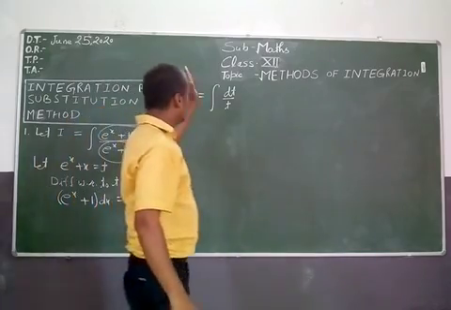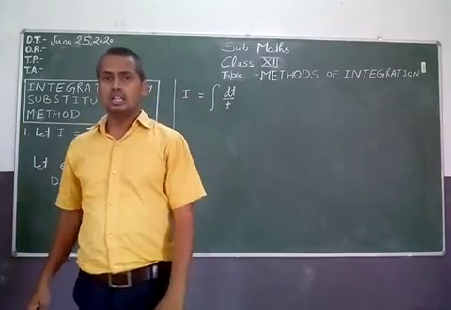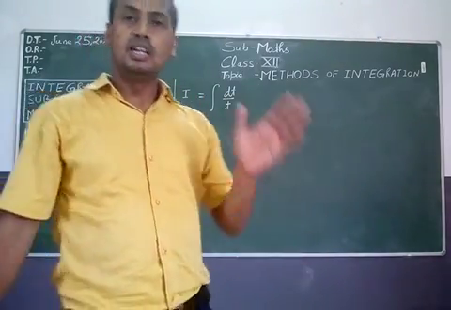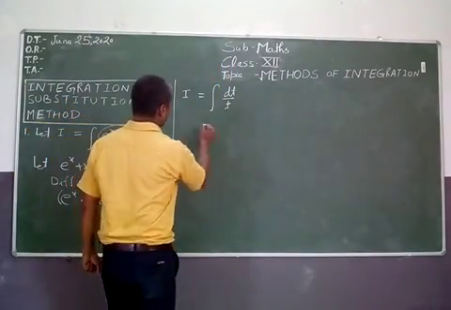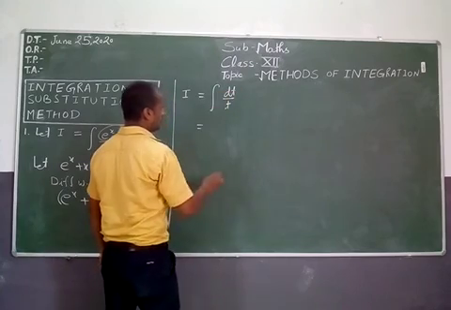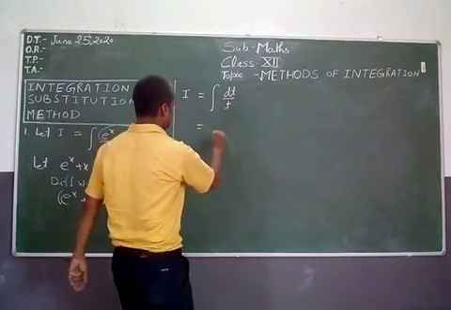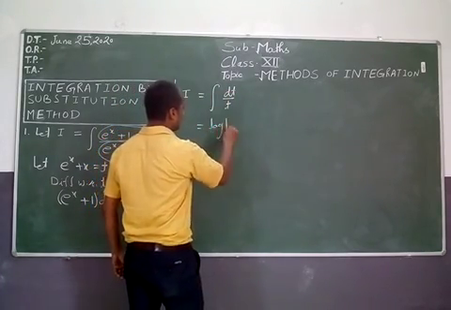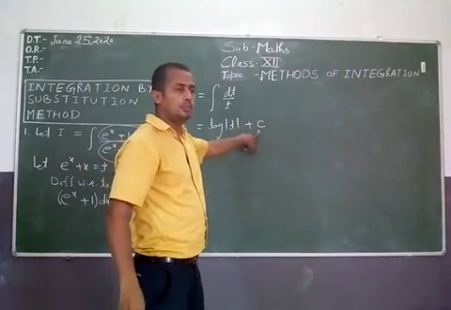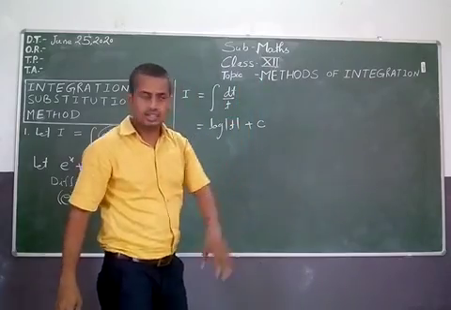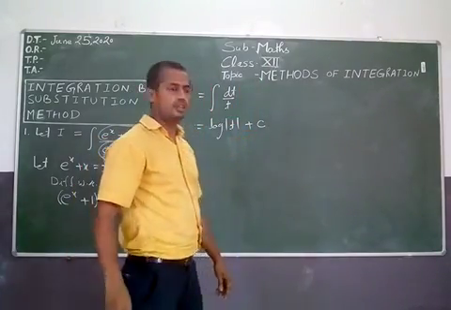We know that the integral of 1 upon t is log t, because derivative of log t is 1 upon t. So we can write here integral of 1 upon t with respect to t is log mod of t plus c. This c is arbitrary constant and we can say this c is constant of integration.